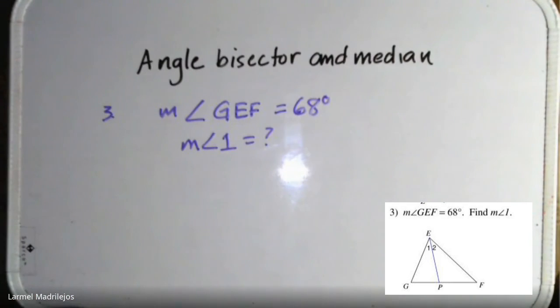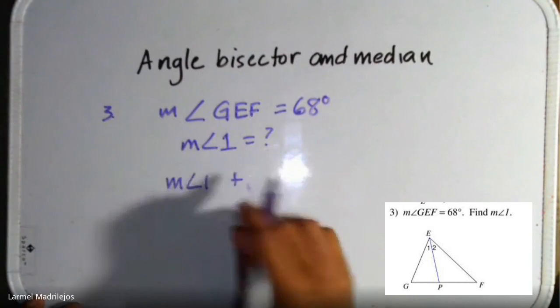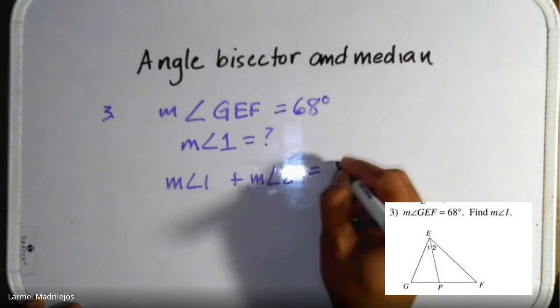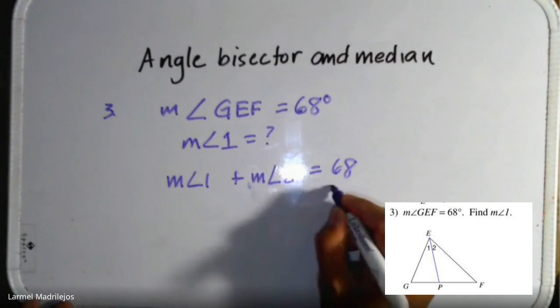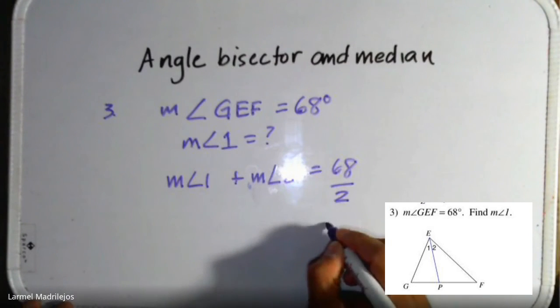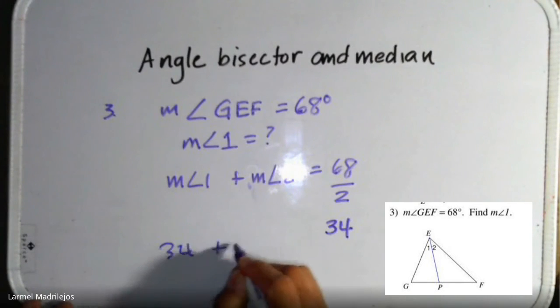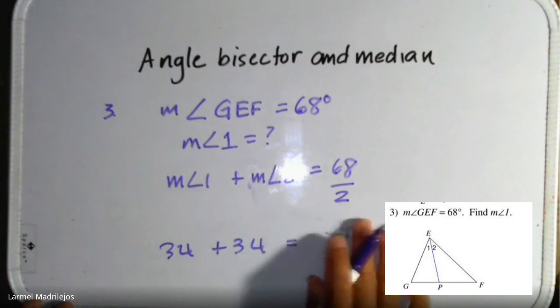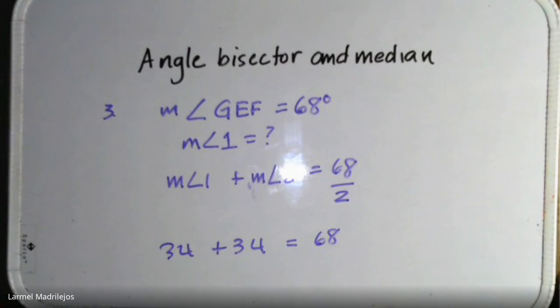If measure angle 1 plus measure angle 2 is 68, what I need to do is just divide it by 2. So 68 divided by 2 is 34. It means 34 plus 34 equals 68. Measure angle 1 is 34.